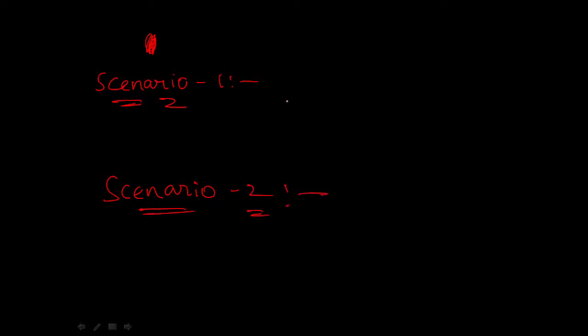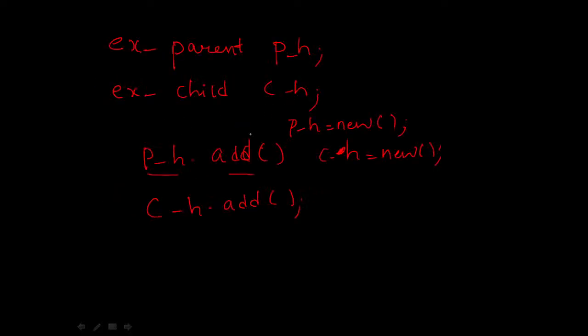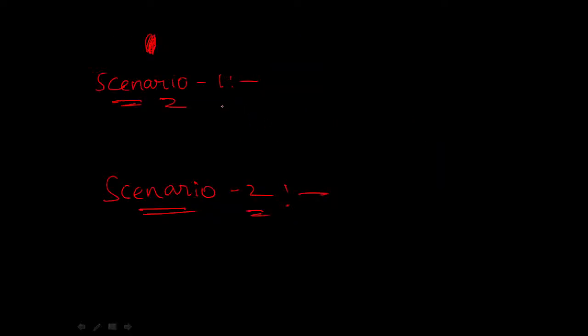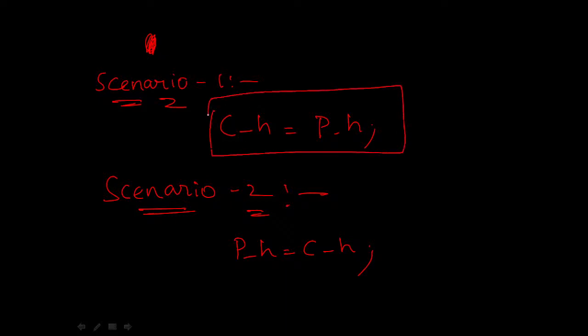Okay, so in the first case, I will assign c_h is equal to p_h. And in the second case, p_h is equal to c_h. Okay, so what is the first case? Parent class handle is assigned to child class handle. I will write it here.